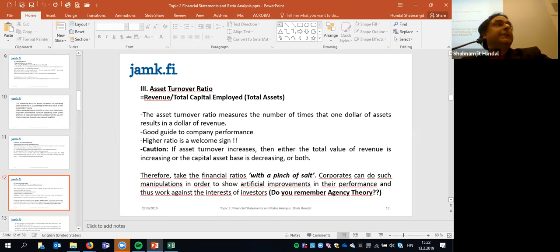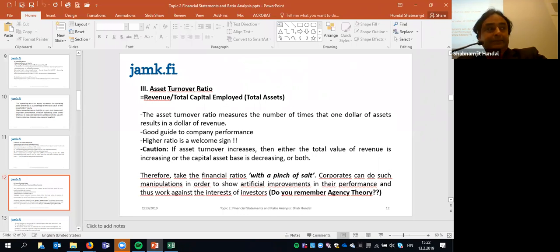Okay? So if this ratio is improving, it shows that you are making a fantastic use of your resources. But then there is a small catch. The catch is that super clever managers, not in the positive way but in the negative way, can cheat the investors.